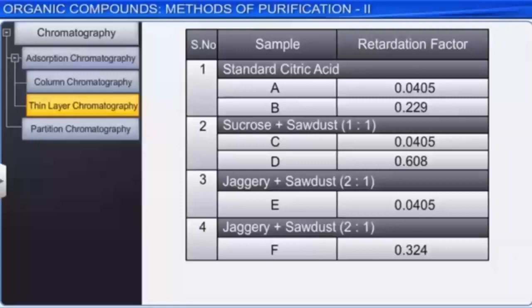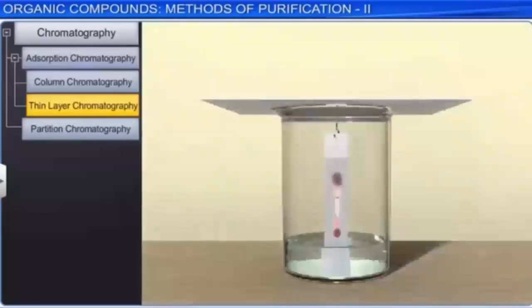The components are separated into separate spots, appearing from the bottom to the top of the plate. Depending on the degree of adsorption, the separation of the components takes place and leaves different colored spots when the compounds are colored at different levels of the plate.